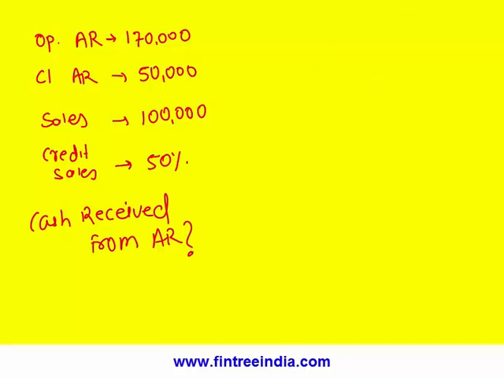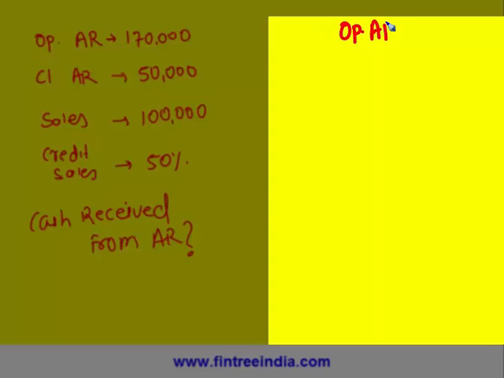So again, we can build a simple flowchart. Please observe carefully. Starting point is opening accounts receivable. Opening accounts receivable will increase by what? Accounts receivable means you are supposed to receive money. It will increase by credit sales, not total sales, only the credit sales. So we have to assume that credit sales happened for the first half of the year.